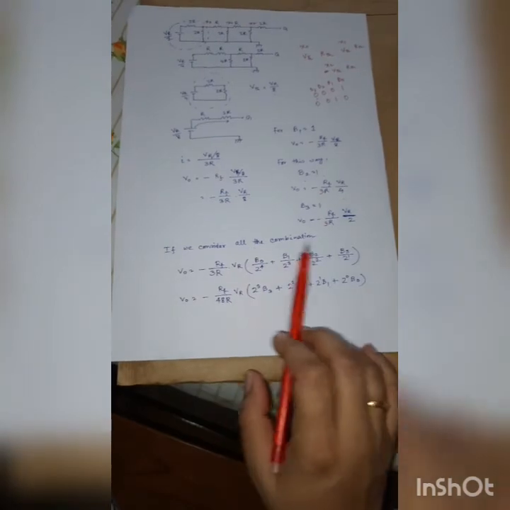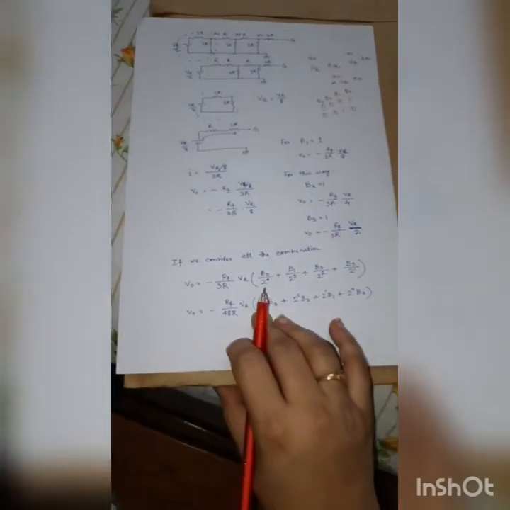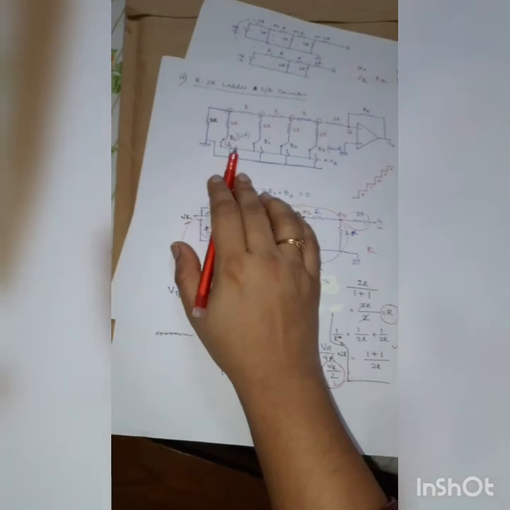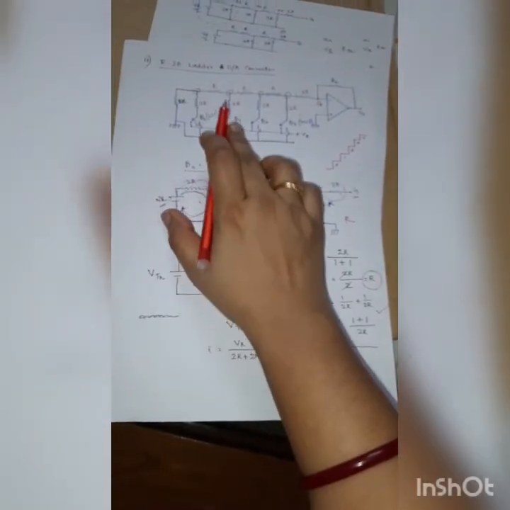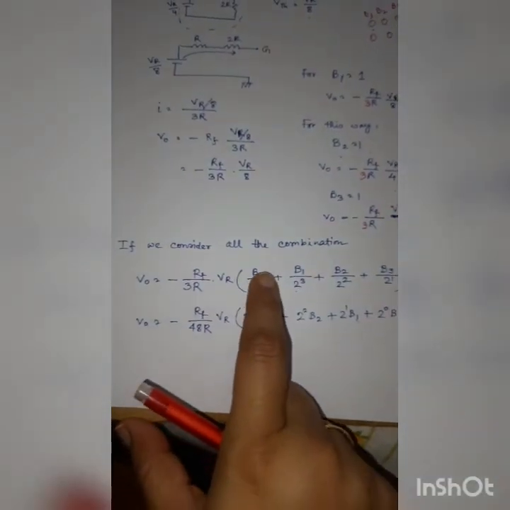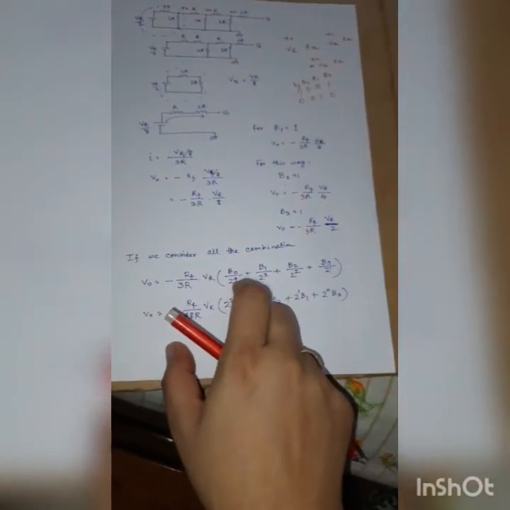So if we consider all the combinations, that is if all these switches become 1 or on simultaneously, the total current will be this. And obviously this will depend on the value of B0, B1, B2 again. If B0 is 1, this part will remain in the circuit.